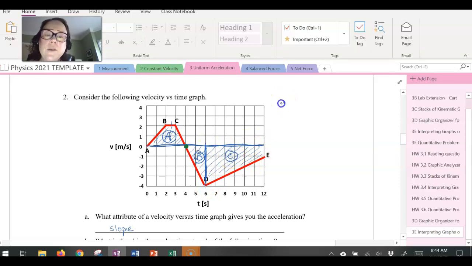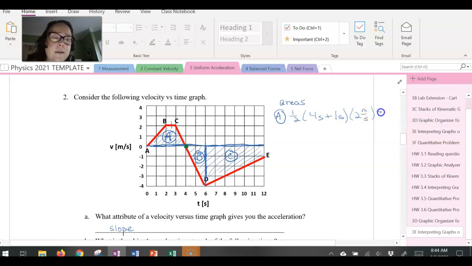Okay, so the area is here. A is 1/2 the base of the trapezoid, which is 4 seconds, plus, that's the long base, the short base is 1 second, and then the height is 2 meters per second. So 1/2 of 4 plus 1, so 1/2 of 5 is 2.5, times 2 is 5.